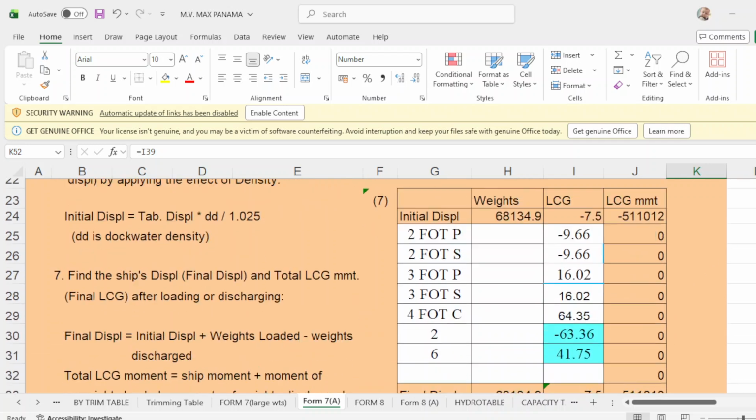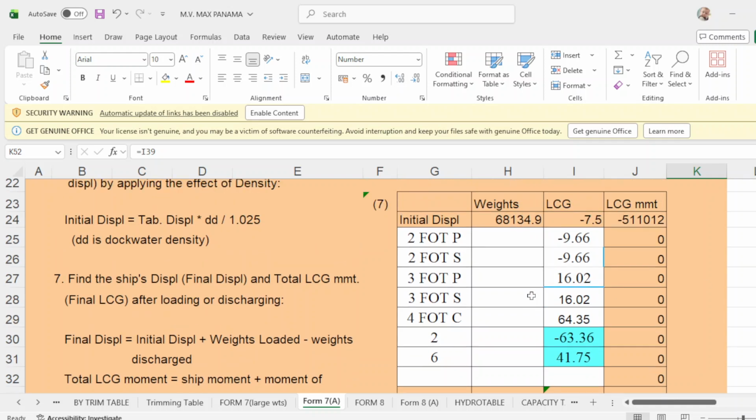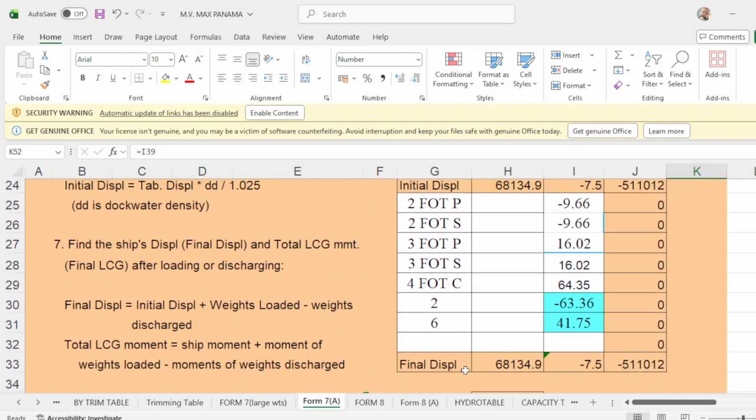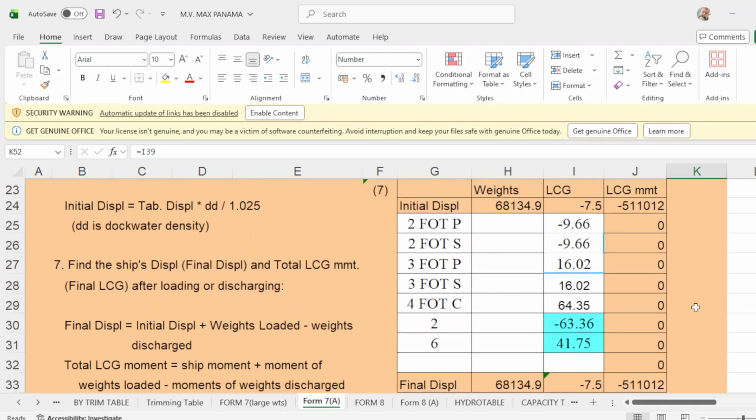And since you did not discharge or add cargo, it will be the same as your initial displacement, the same figure of 68134.9, and your total or final LCG moment will be 511012, okay? That will be the same here.